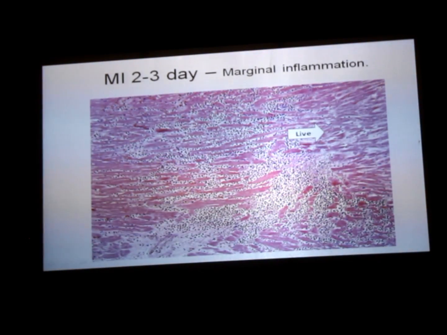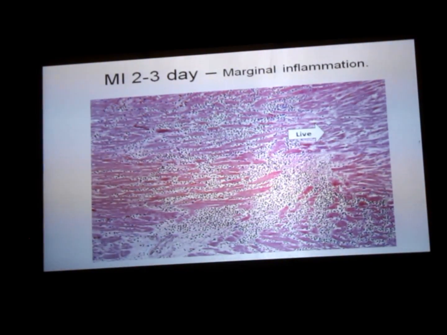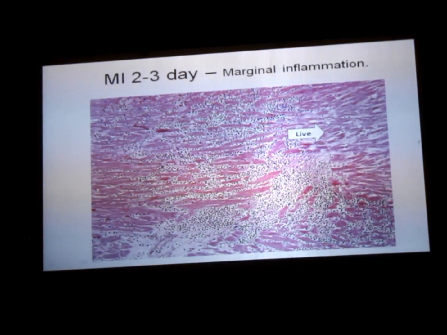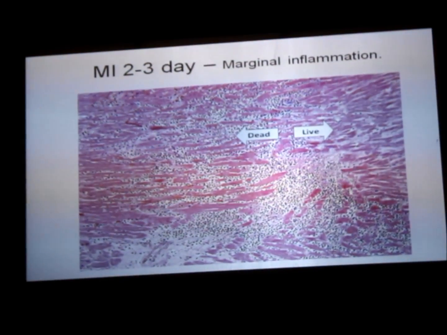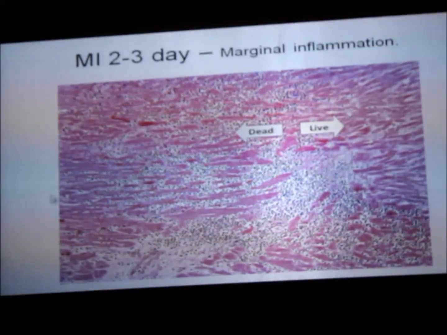This area is live. The cells are live. These are all inflammatory cells which come into the picture because there is injury to the cell. So the body responds by inflammation. So the inflammatory cells, they come towards this.